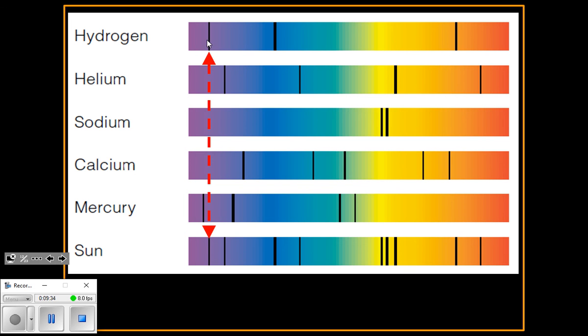But if hydrogen is present, these other two lines, all three, must also be present. So let's check to see if this one is there. Sure enough, that line is represented right there as well. But is the third one present? Here's the third one. It's present as well. So therefore, we can say, yes, hydrogen is present in our sun.